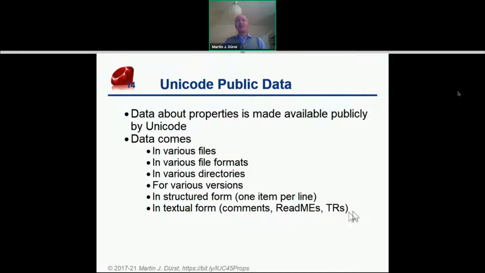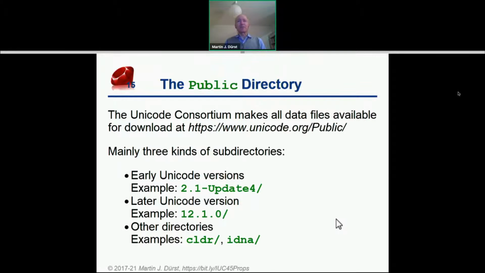The README files actually have, if you collect all the uppercase and lowercase versions that there are around, quite a few. And then what's more important are the technical reports. But they are all in text, and you actually have to read them to understand them. They are not machine processable.